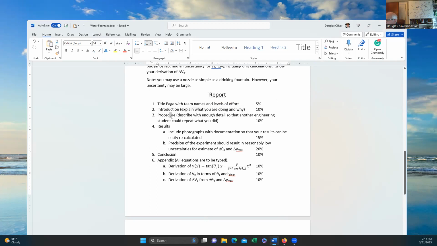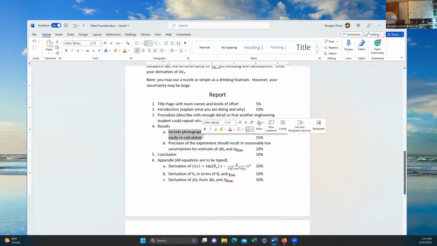Okay, the procedure, I want you to describe that in a way so that any engineering student can repeat what you did. I want you to include a photograph. I said photographs, but that could be a single photograph of your fountain where you show on that photograph your angle.